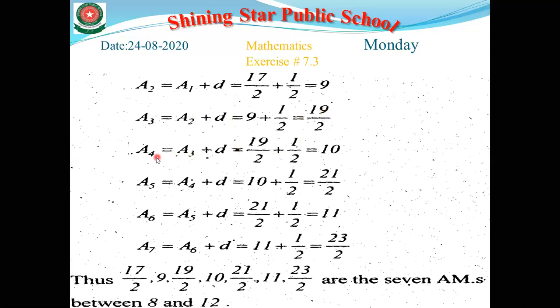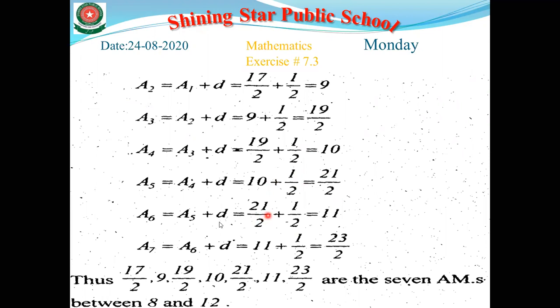For finding the next term, we will add 1 over 2 to the previous term. Previous term is 19 over 2. So 19 over 2 plus 1 over 2 is 20 over 2. 19 plus 1, 20. And 20 over 2 means 10. 2 1s are 2, 2 10s are 20. It's very simple. Next, 10 plus 1 over 2 means 21 over 2.